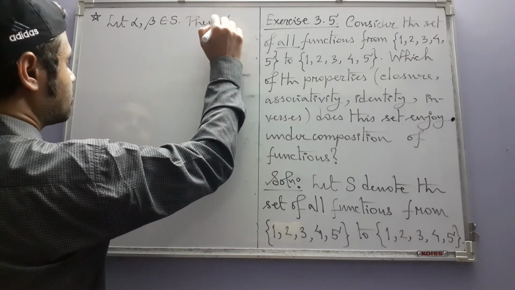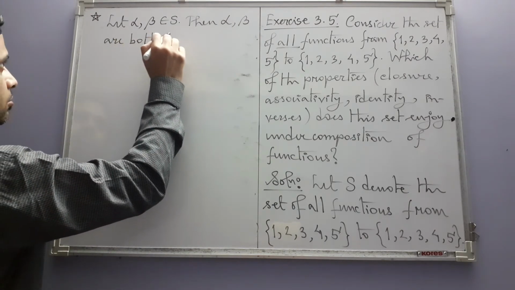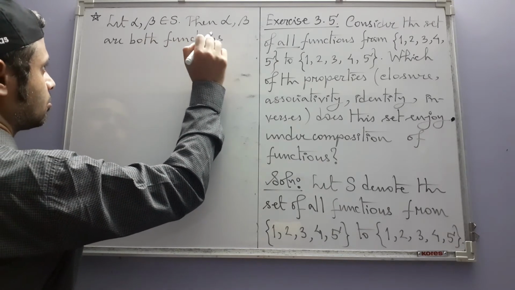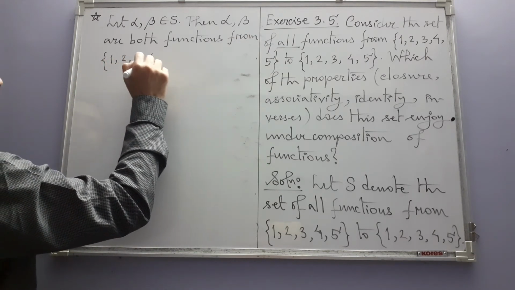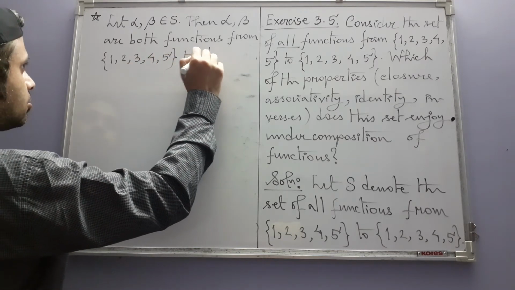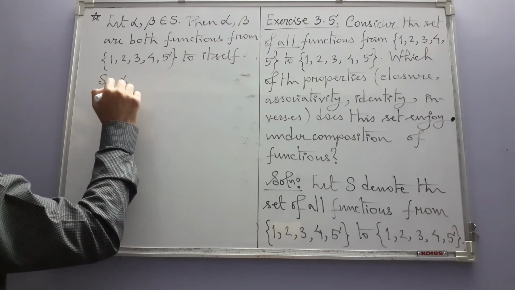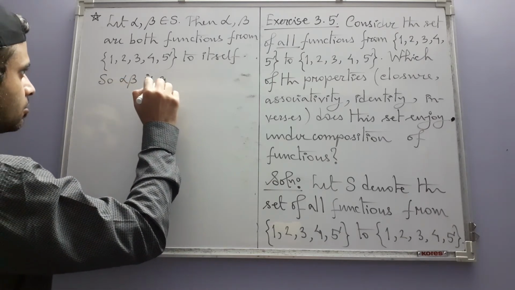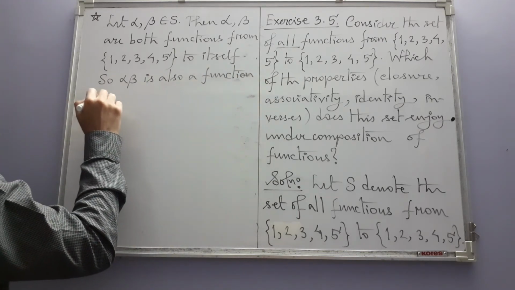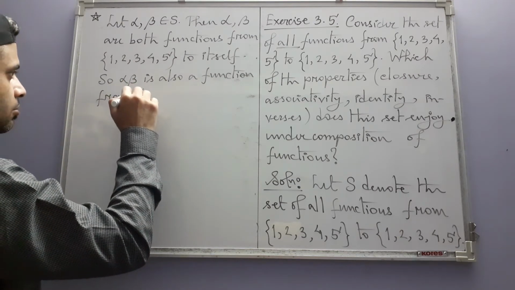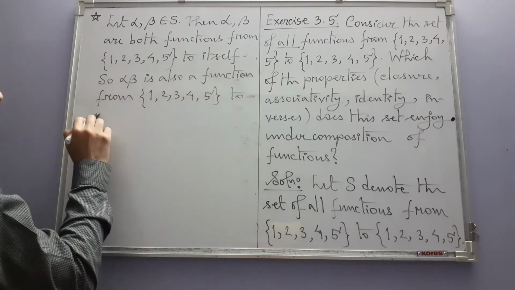Then alpha and beta are both functions from this set to itself, so their composition is also a function from this set to itself. Why?